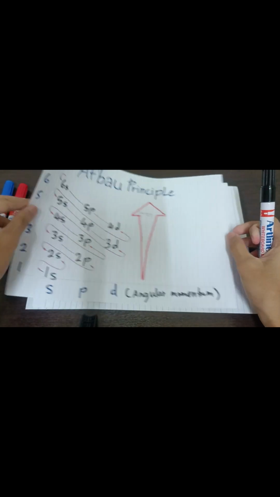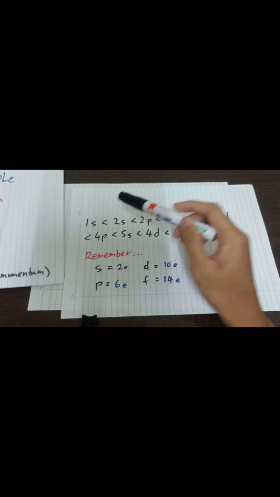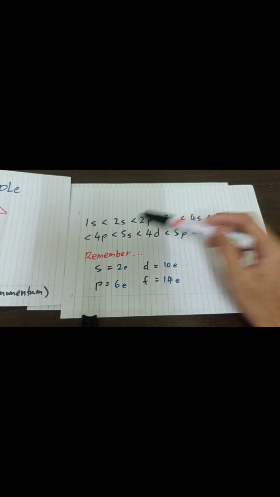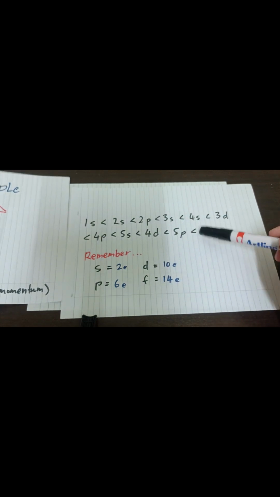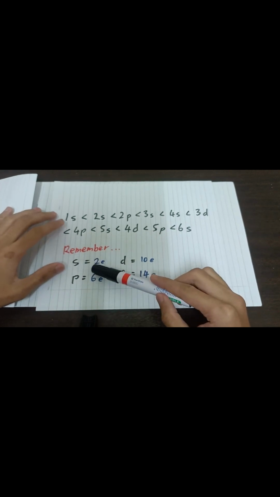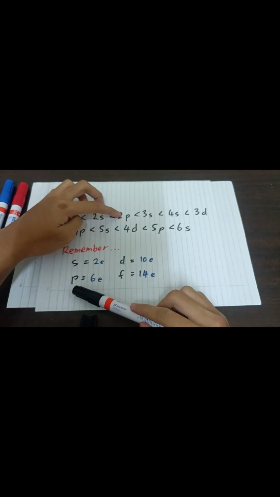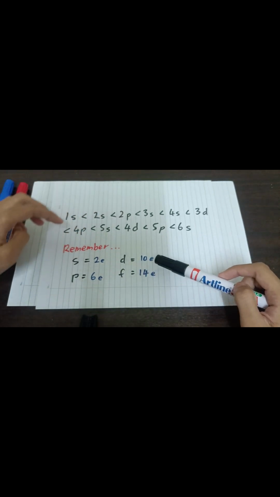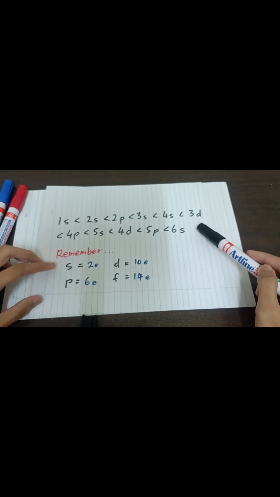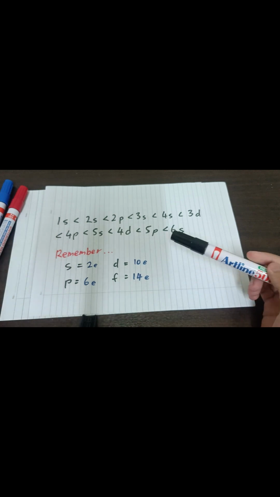It should be like this: 1s to 2s, 2p, 3s, 4s, and so on. But remember, s will always have a maximum of 2 electrons, p has 6 electrons, d has 10 electrons, while f has a maximum of 14 electrons.